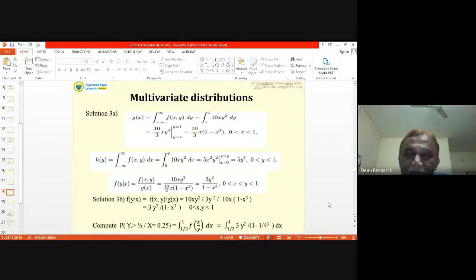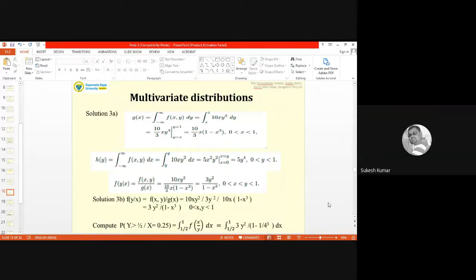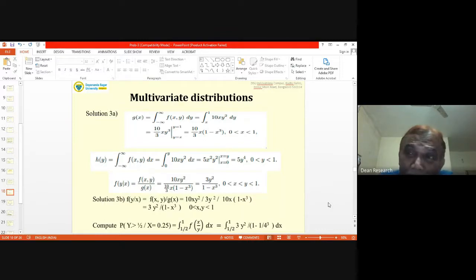Sir, how did we get 3y square here? I told you, common things can be cancelled out in the ratio, whatever fraction you have got. 10xy square divided by 10 by 3 into x into 1 minus x cube.